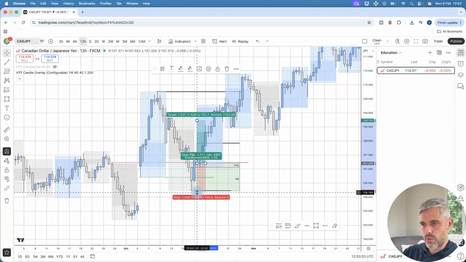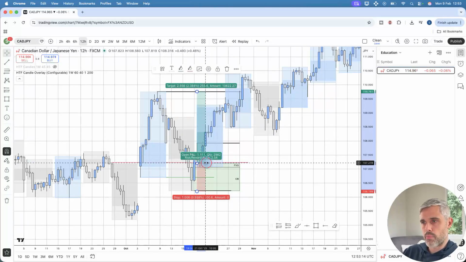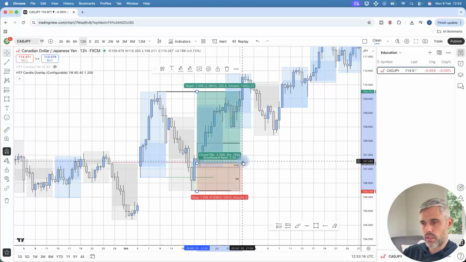I cover the low with a slight gap, and I aim for my high probability target. This is a 2.5R swing trade that plays out perfectly. Pure distribution to the high.